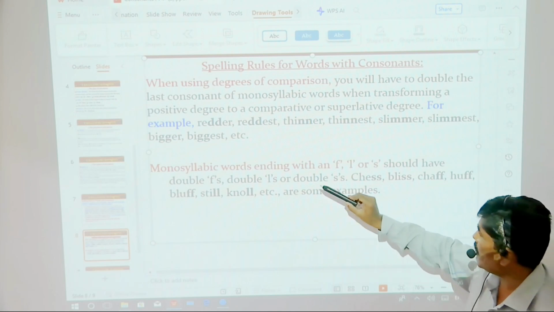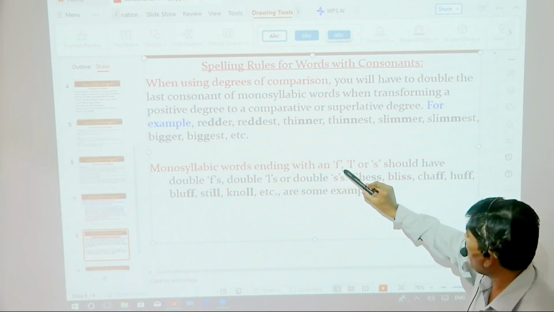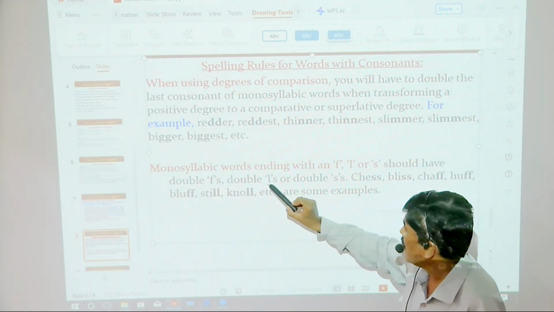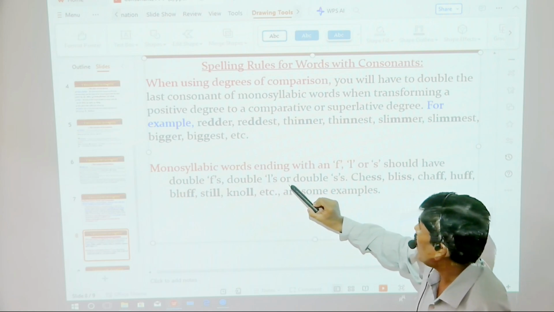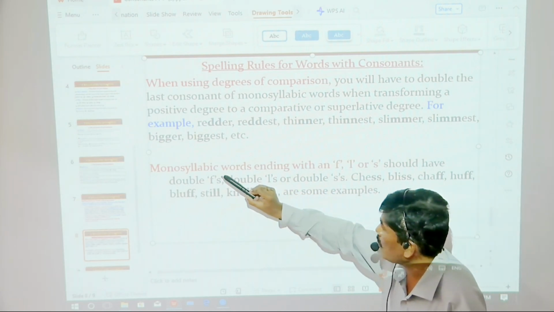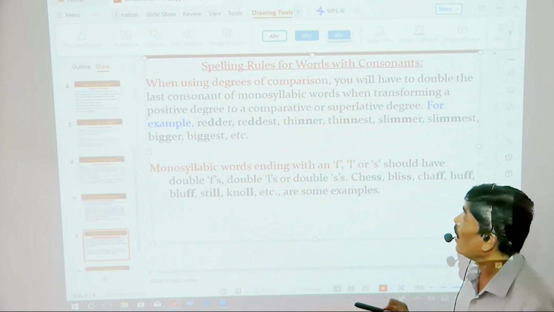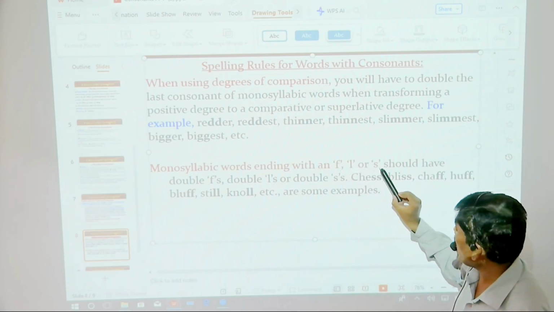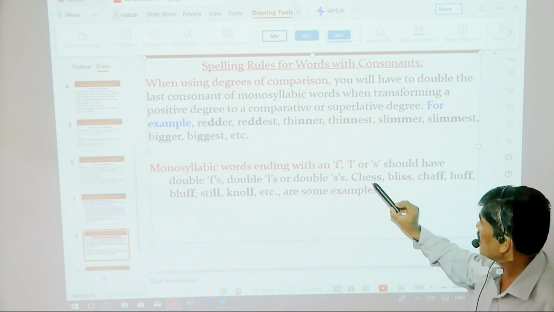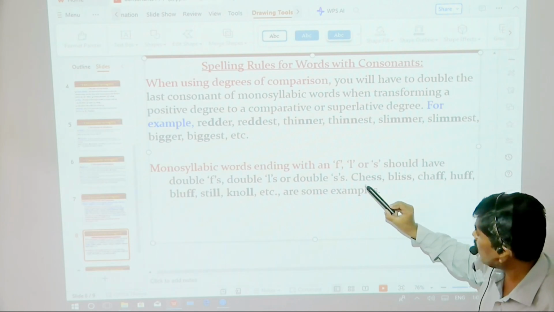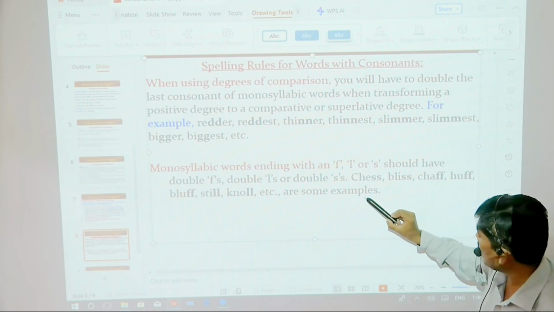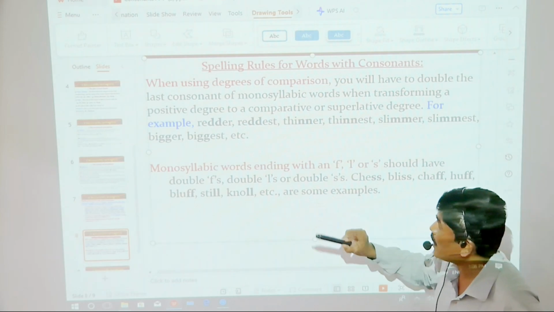A monosyllabic word, meaning one having a single vowel, ending with F, L or S should have double F, double L or double S. If the word is monosyllabic and at the end of that word there is an S, an L or an F, then it becomes double.